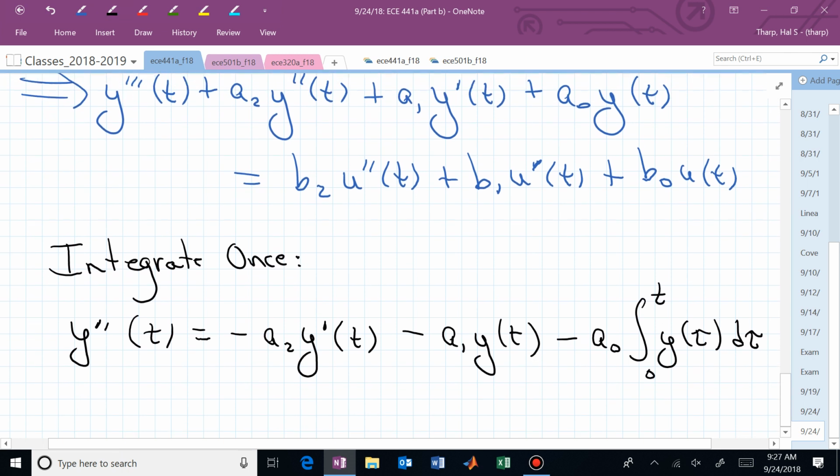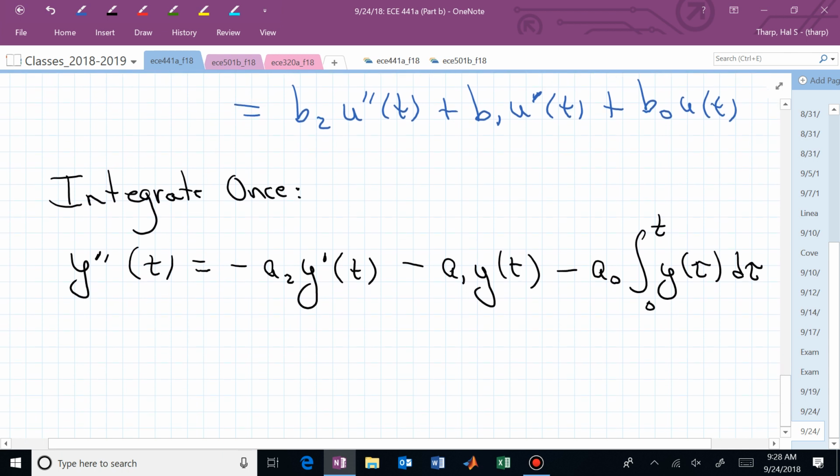That's now taken care of all of my y's. And now after one integration, I have a couple of different y of t's and fewer derivatives of y. One of those y's, though, is actually inside an integral, so that will have to be pushed through an integration operation in our block diagram.